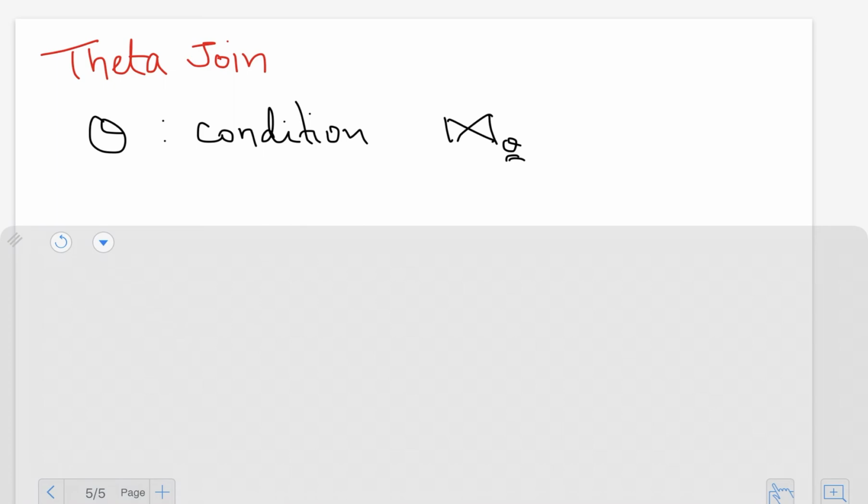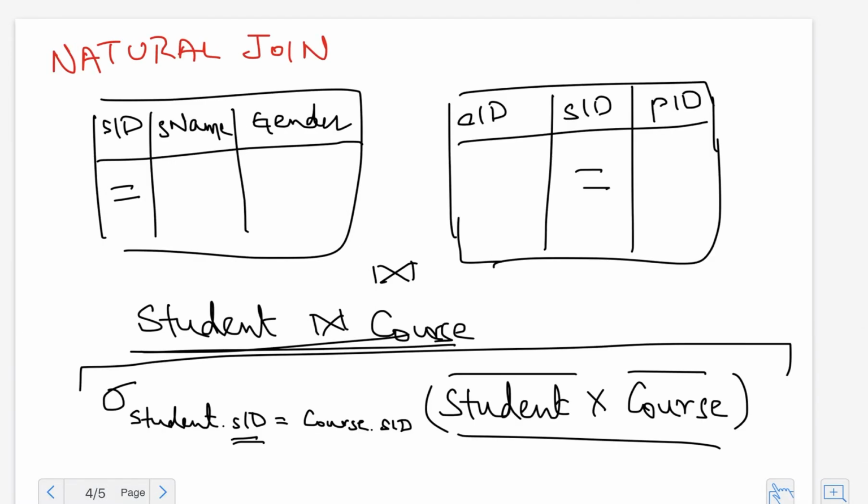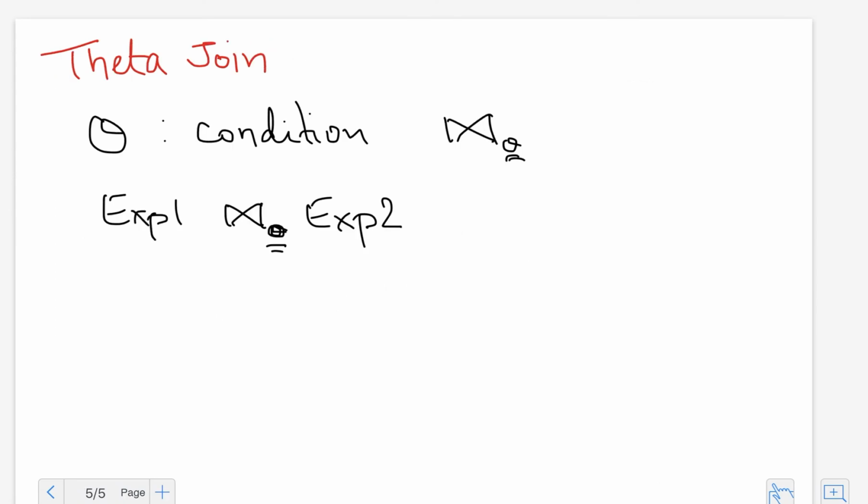So I can just use something like expression 1 theta join expression 2. So I can just put the condition that I want right here, like in the previous one, which said that the student.sid and the course.sid must be equal. All of that I can put as the condition right here.